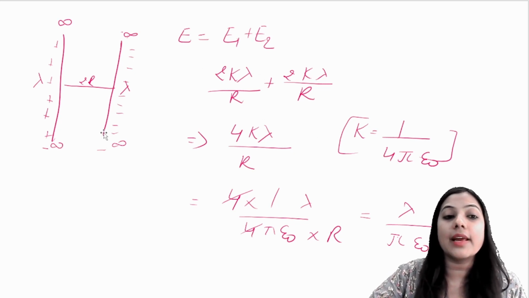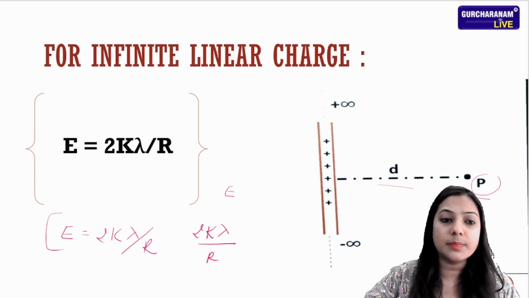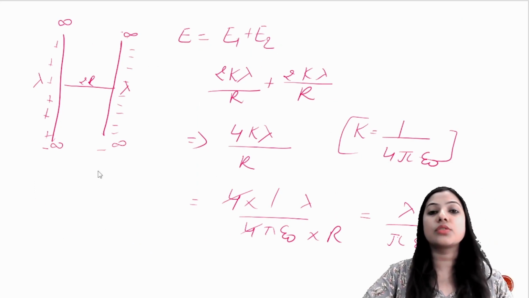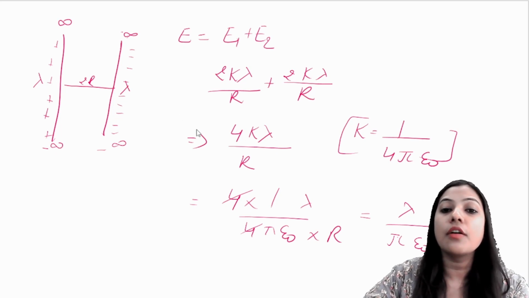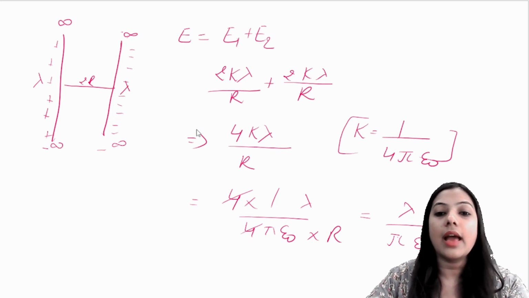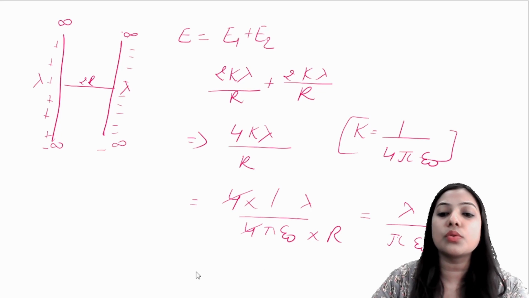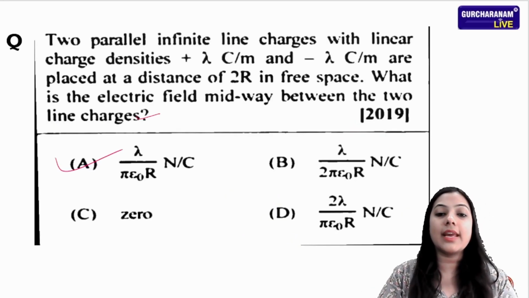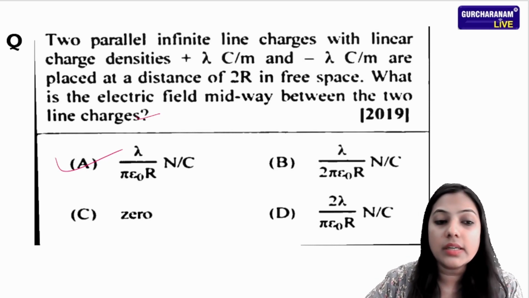The formula for the electric field of infinite line charges is 2k lambda upon R. We found the net electric field, which is 4k lambda upon R, and putting in the value of k, 1 upon 4 pi epsilon naught, we get lambda upon pi epsilon naught R. So option A is correct. I hope you understand this point.